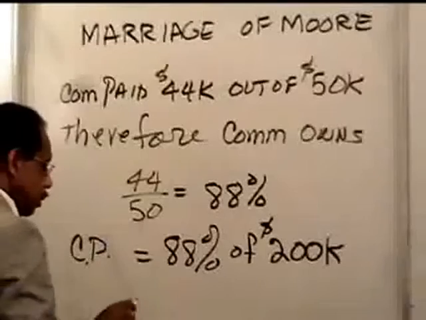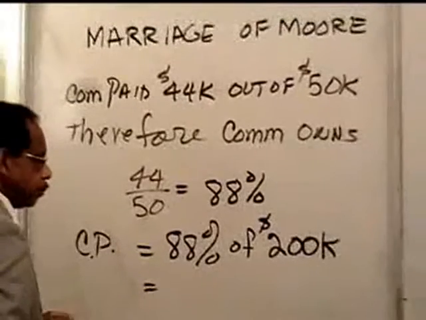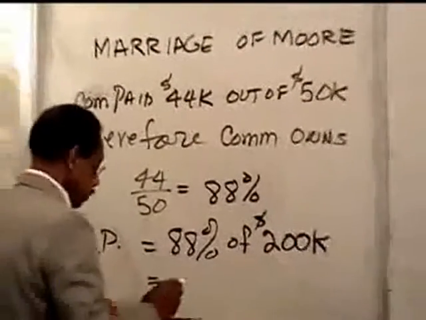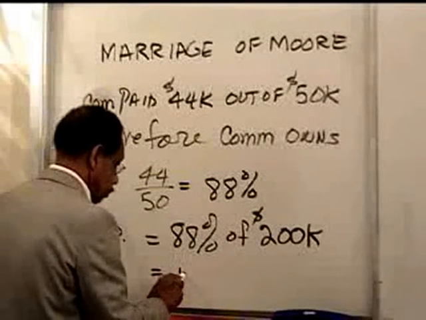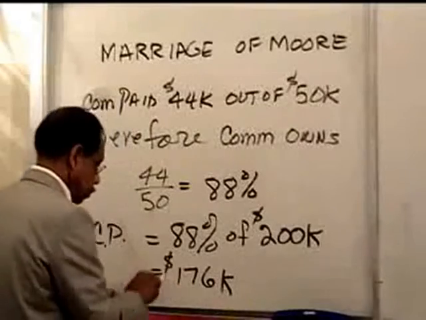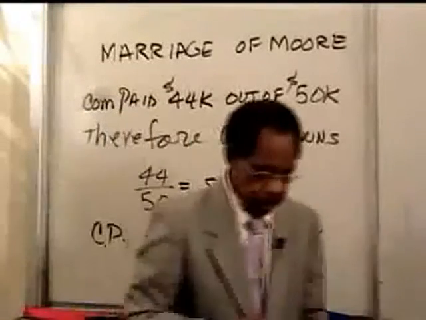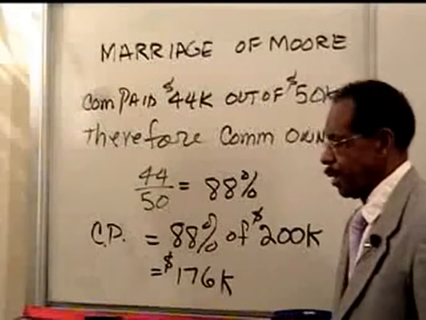Well, that's easy. 88% of 200,000 is, what's that? 176. And that's how you would do that. The community is owed $176,000.